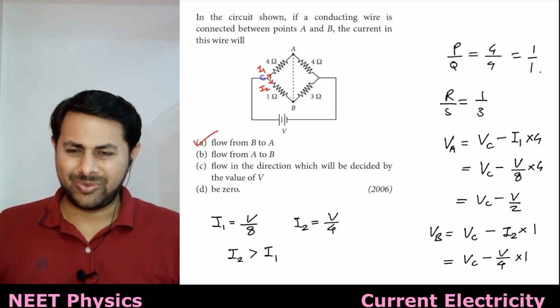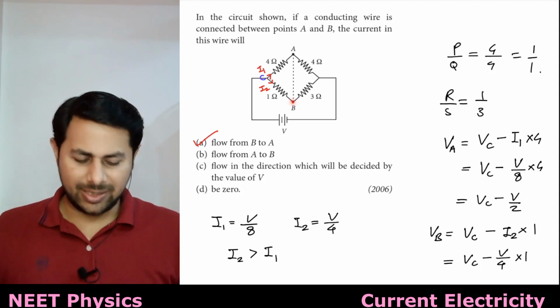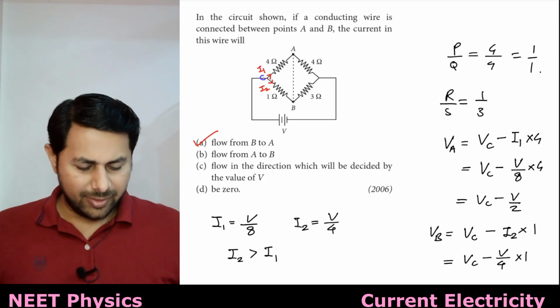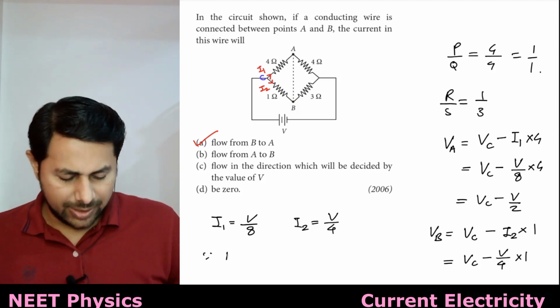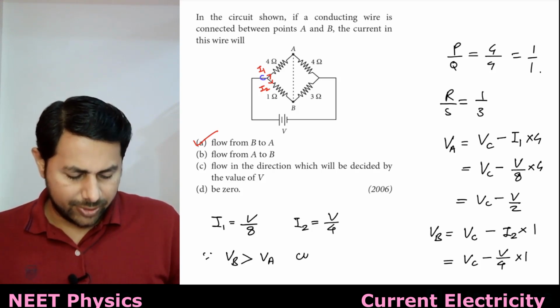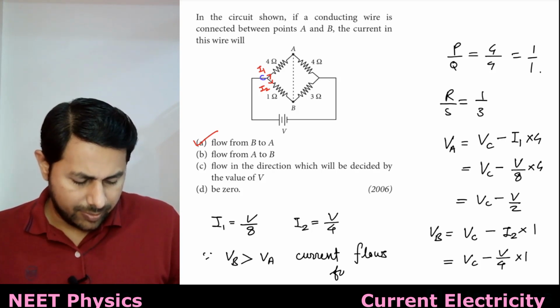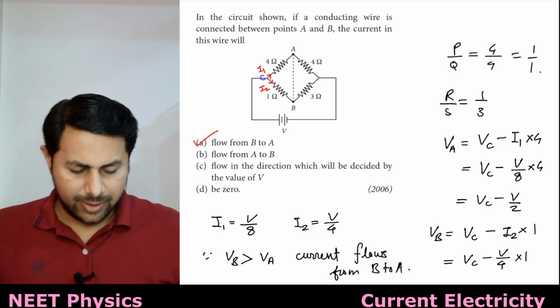Is this thing clear, everyone? Okay, so since the potential of B is greater than the potential of A, VB is greater than VA, the current flows from B to A. So that's the answer, right?